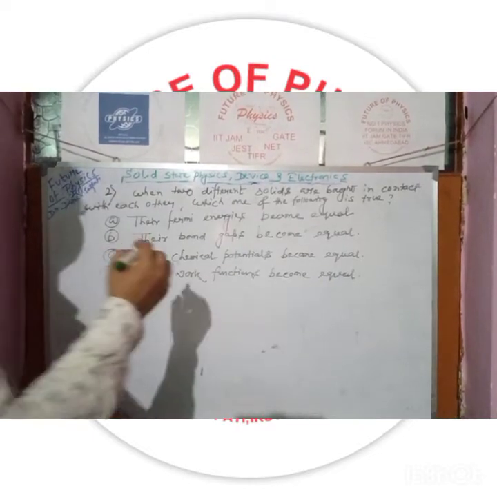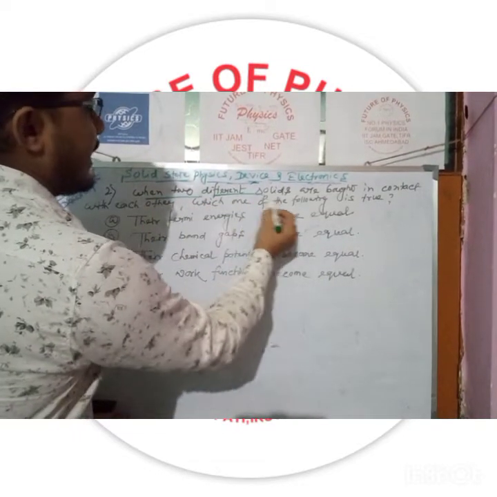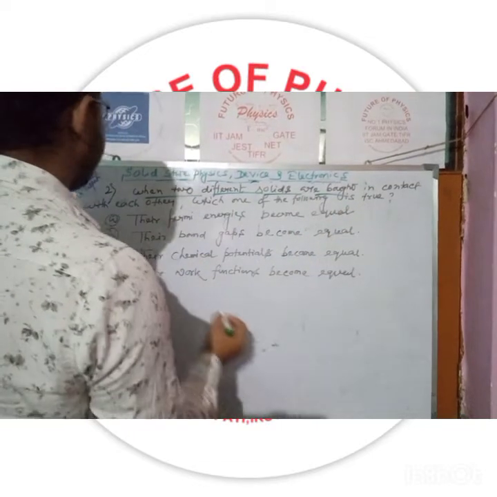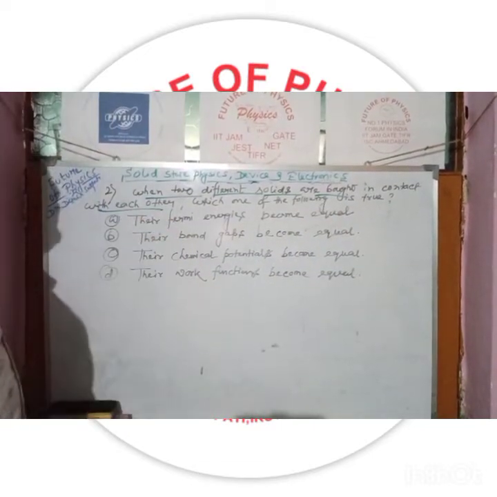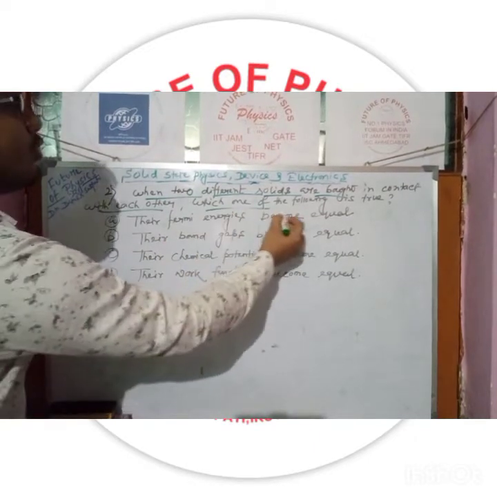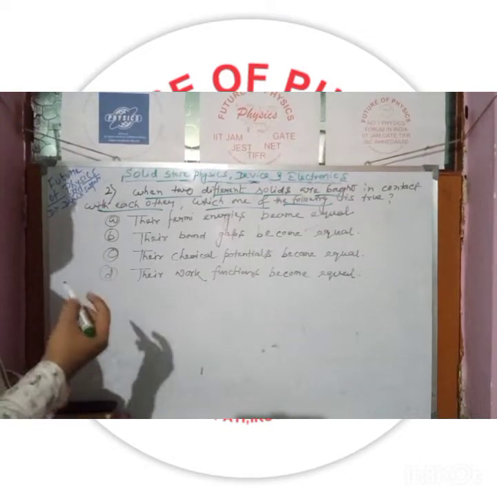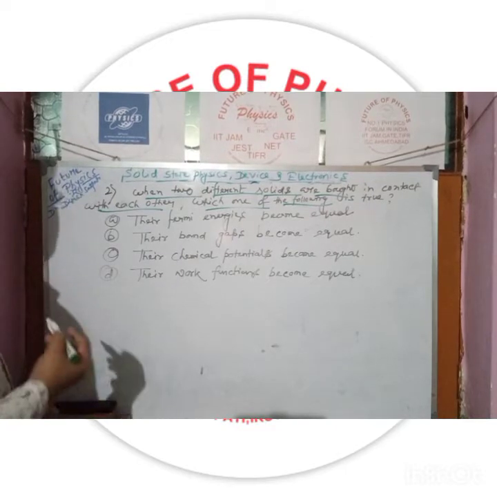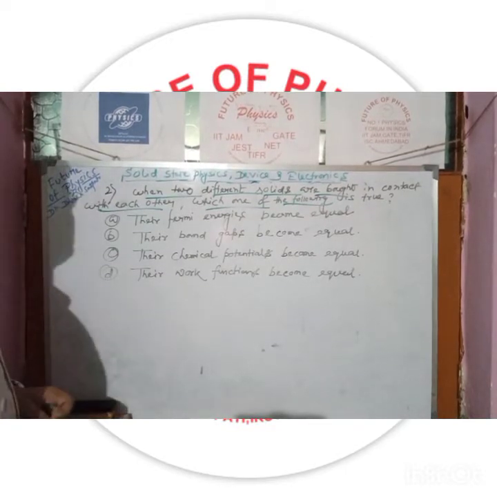Now the second question: when two different solids are brought in contact with each other, which one of the following is true? Option A, their Fermi energies become equal. Option B, their band gaps become equal. Option C, their chemical potentials become equal.